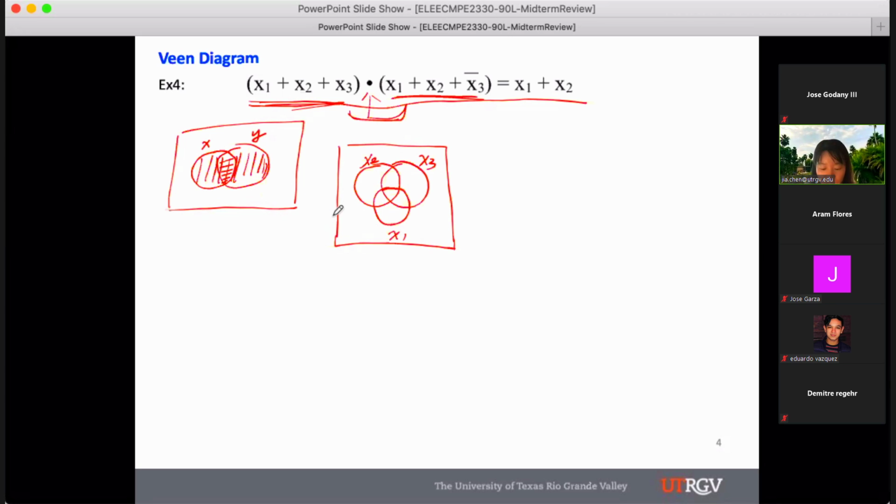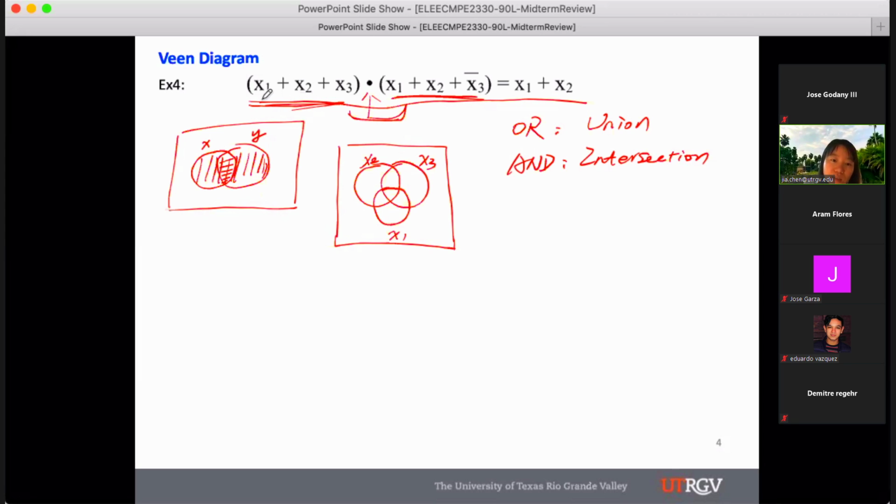I'm not saying completely overlapped, okay? So the first one is x1 or x2 or x3. As we said, in a Venn diagram the key is that OR means union, the union of several variables, and AND is the intersection.